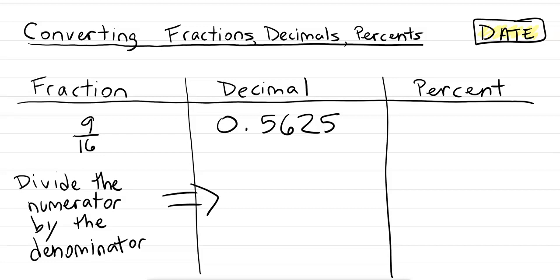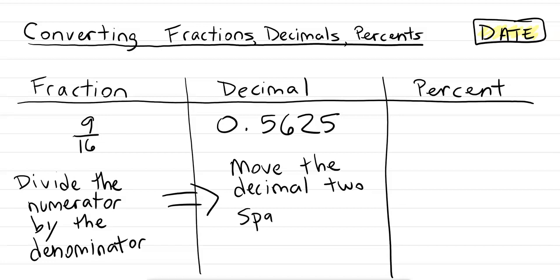Now, to turn that decimal into a percent, you move the decimal 2 spaces to the right. And that's going to give you our percentage.